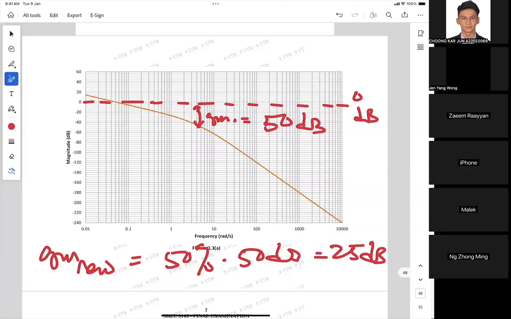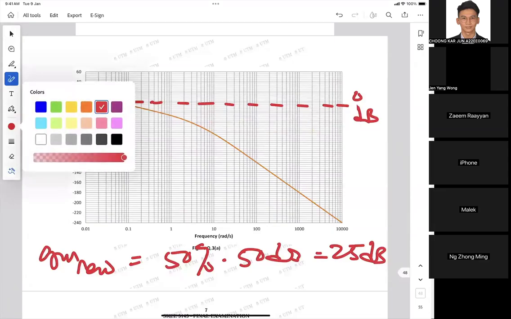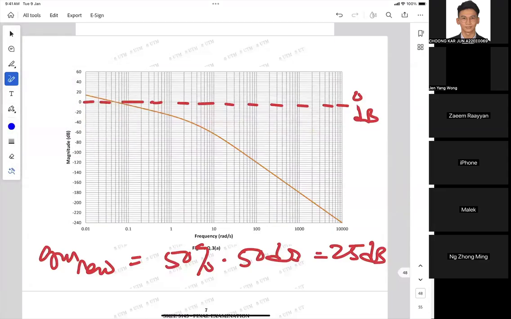Let me draw for you so that you can see. We delete this one. Okay. Choose a blue color. So 25 decibel is about here. Okay. So this is 25 dB, GM new.